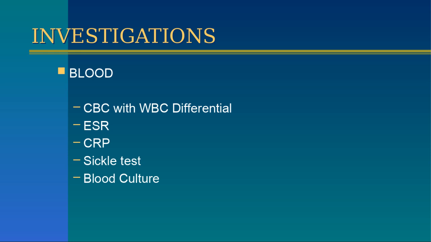The CRP, what's that? What is that? C-reactive protein. That's correct. Where is it being produced? Where is the CRP coming from? The liver.